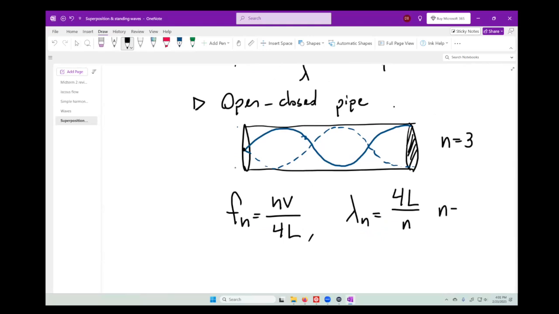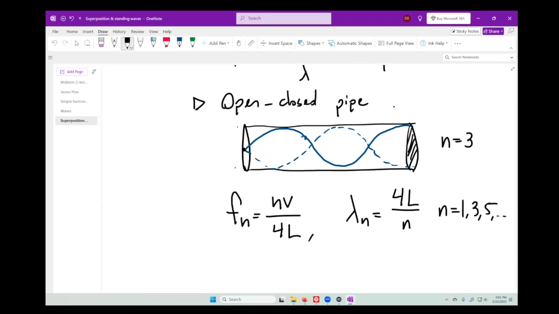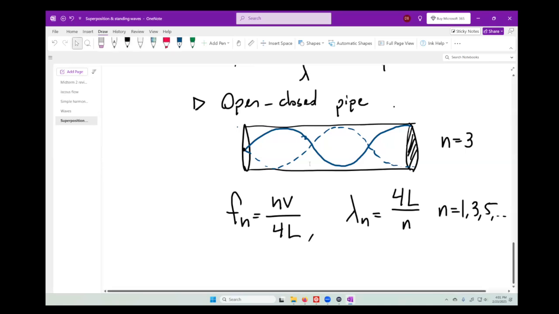So we need an odd number of quarter wavelengths to fit inside the pipe, right? And I'm using n here as opposed to m to indicate that these are only the odd numbers.